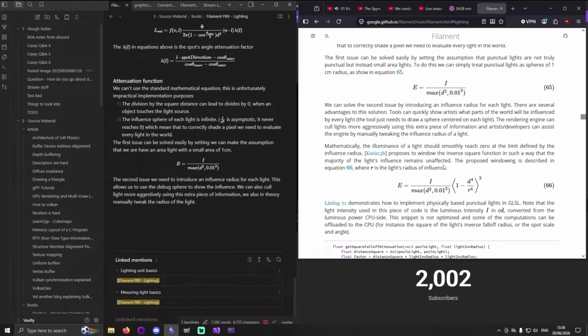So mathematically, the illuminance of a light should smoothly reach 0 at its limit. Okay, so let's write that down.